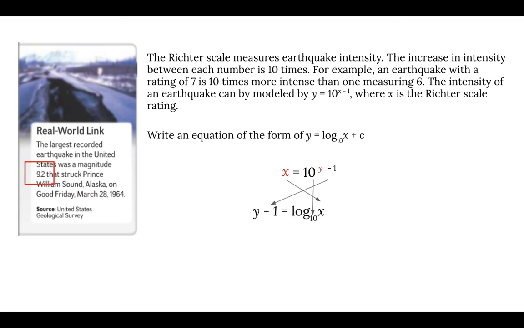So I drop my base. The exponent of y minus 1 is going to come over to the opposite side, and what it is equal to, the x, will come over to the log. Now if I'm solving for an inverse, the last step was to get the y by itself, so with that y minus 1, I need to add 1 to both sides to get the y by itself. So in this form, y equals log base 10 of x plus 1.